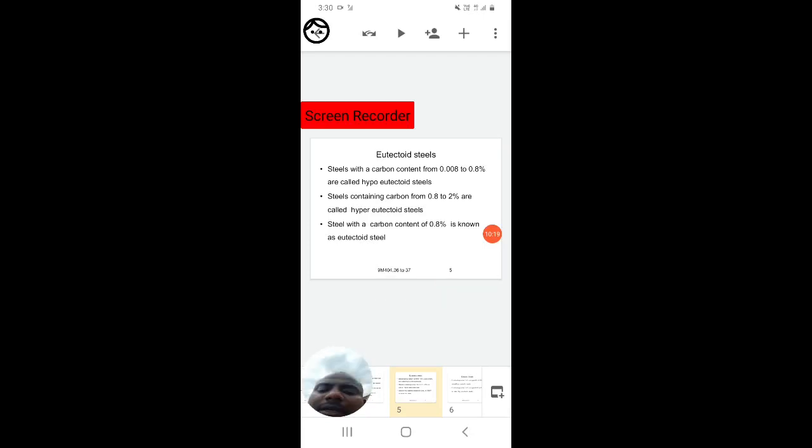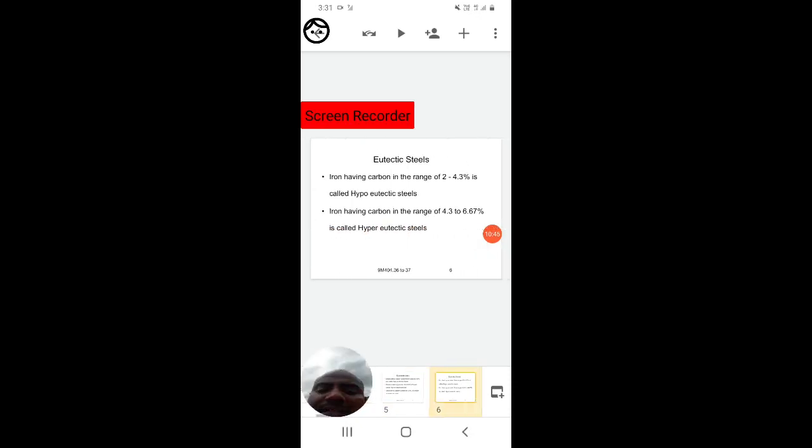Steel with carbon content of exactly 0.8 percent is known as eutectoid steel. Eutectoid steel is called pearlite, 100% pearlite form. First you will see the classification in the iron carbon equilibrium diagram, how eutectoid steels are classified by critical temperatures. This is a very important classification.